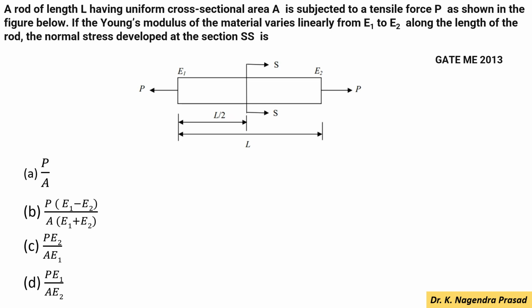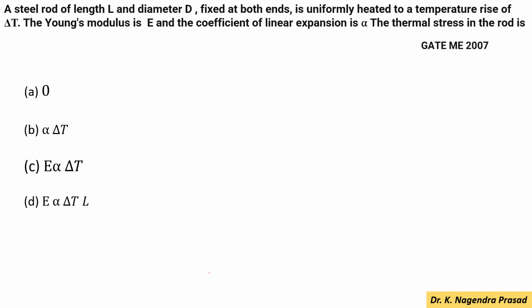So here the applied load is P and the cross-sectional area at the SS section is A. Then the normal stress is the load applied divided by cross-sectional area, that is P by A. So option A is the correct one. Next we have to see another question.